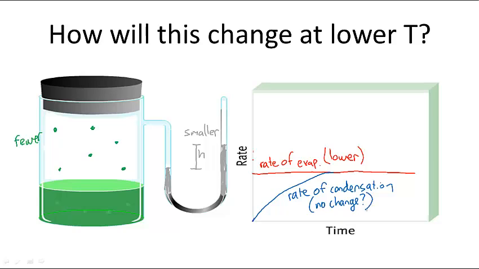We're not sure how it would change. But the key is to recognize that the vapor pressure at equilibrium is going to be lower because you have less evaporation.